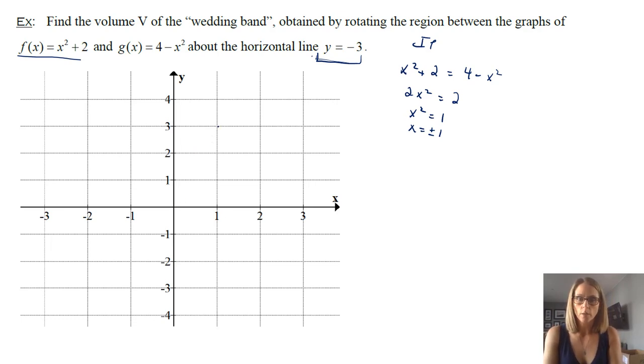So we'll have 1, 3, and -1, 3. And then what we notice is this is just an up like a cup parabola with y-intercept 2. And here we have a down like a frown parabola with y-intercept 4.